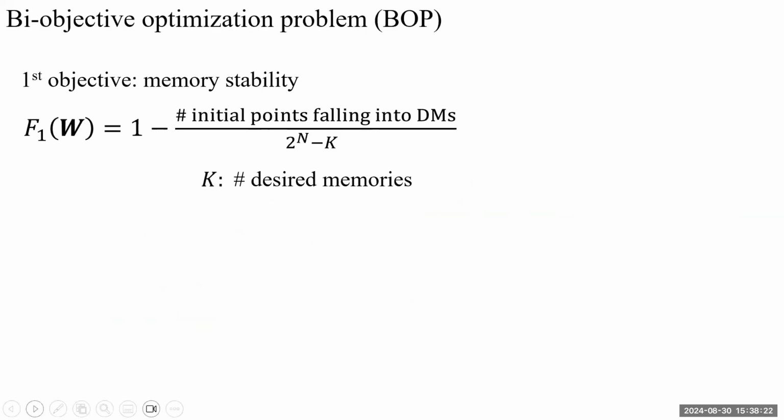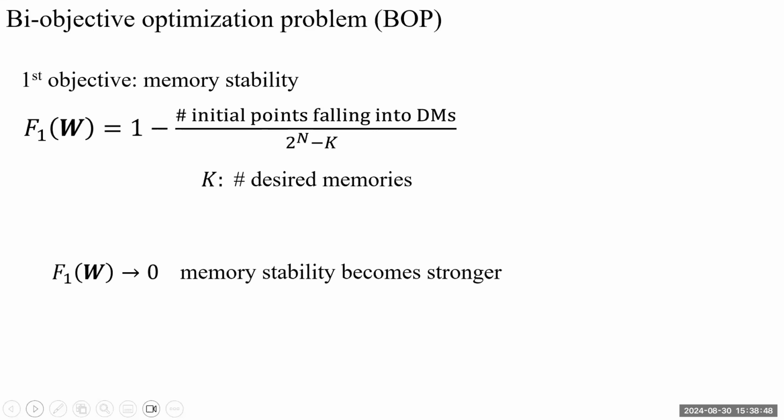Here, we define BOP, Bi-Objective Optimization Problem. The first objective characterizes memory stability, defined based on the initial points falling into desired memories, normalized by all initial points and subtracting from one, we obtain the first objective.